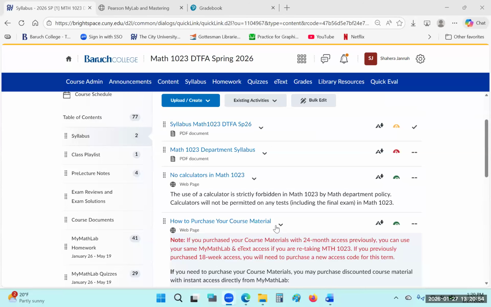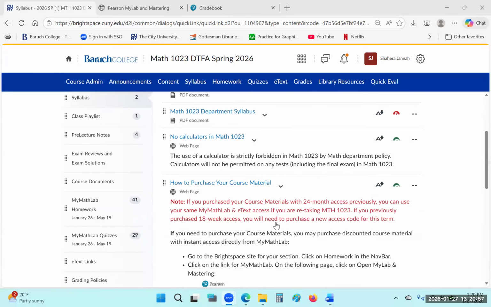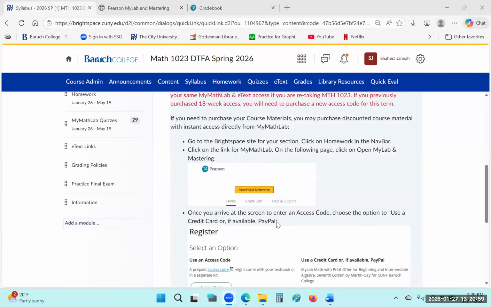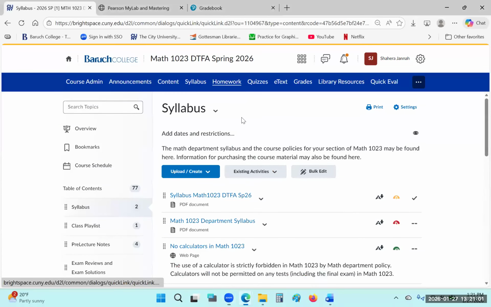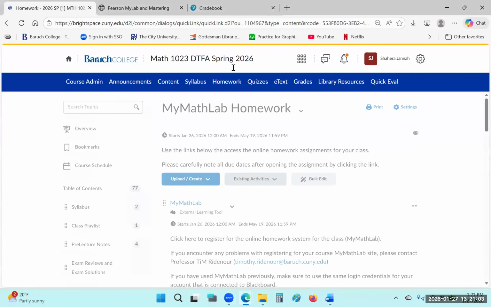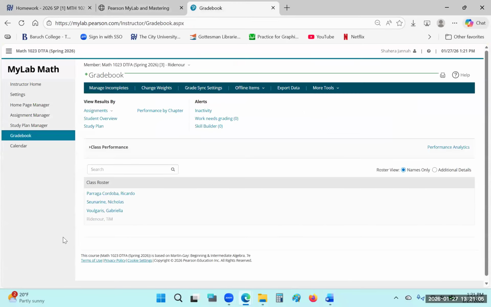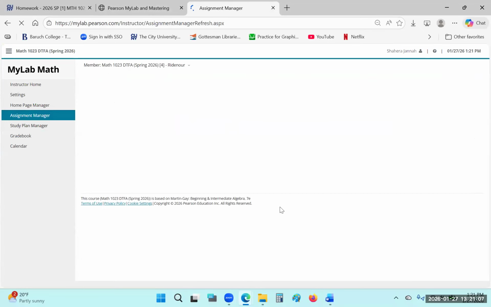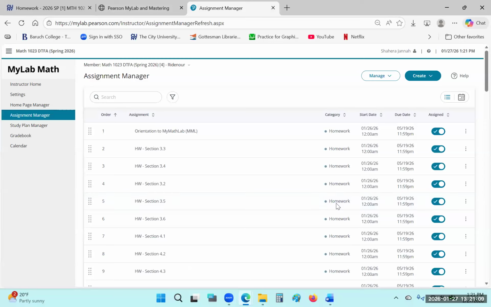When are the due dates? Okay, so due dates. Good question. When you go to homework, you see here it says the due date is May 15. That's May 19 or something, whatever. That's because I didn't do anything there.